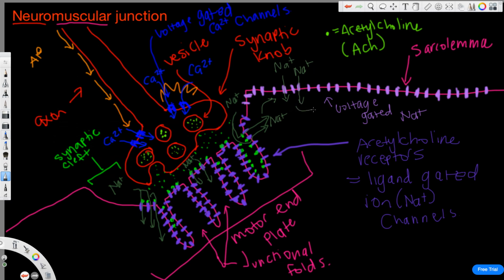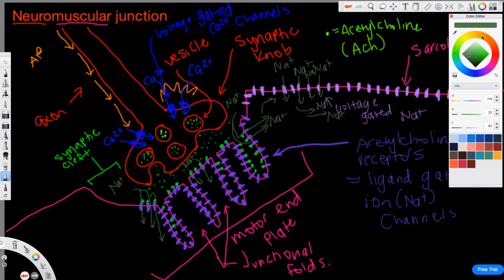And then that sodium is going to go over here, and these channels are going to open, resulting in the influx of even more sodium. And that process continues, so these channels cause the opening of these channels, cause the opening of these channels, such that the order in which sodium enters the cell goes from closer to the motor end plate to further down the sarcolemma. And that is the action potential in the sarcolemma.